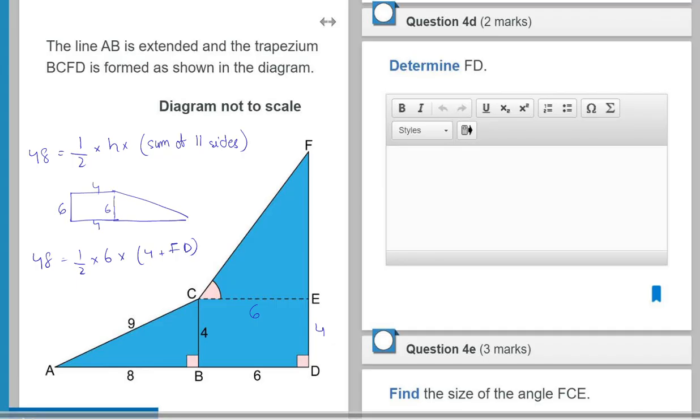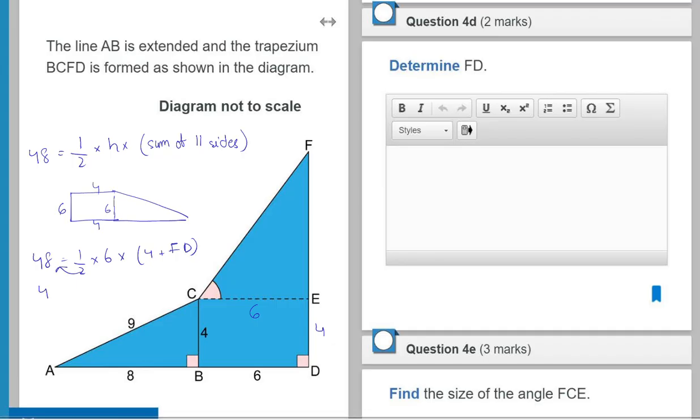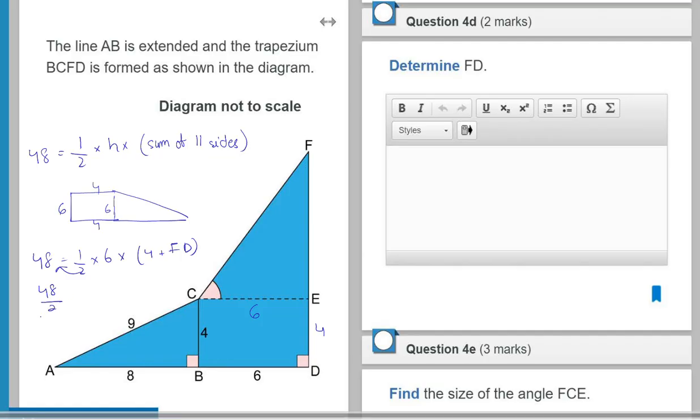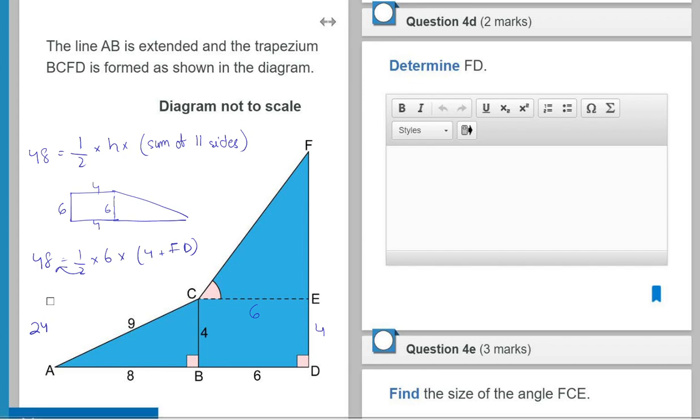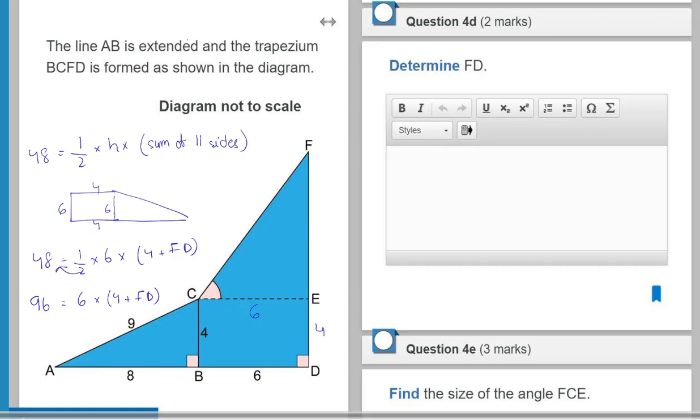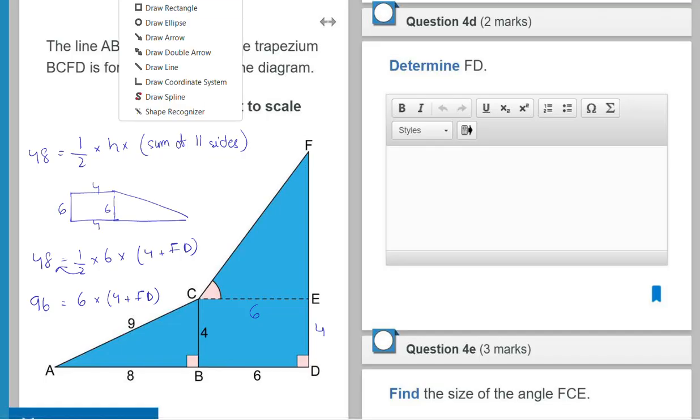So 48 goes to this part of the equation. This becomes 48 over 2, which becomes 24. Oh no, sorry, this multiplies. My bad. So 96 equals 6 multiplied by 4 plus FD. Why am I not solving this here? I should be solving it on this part of the equation.